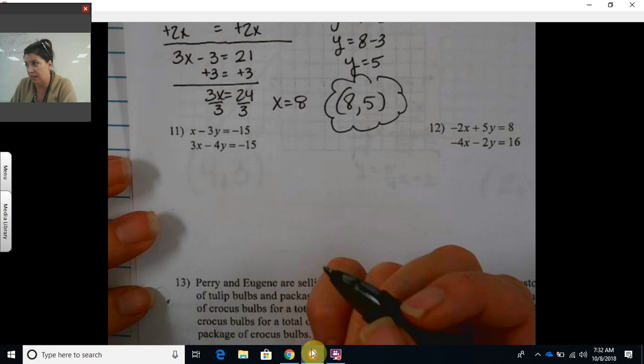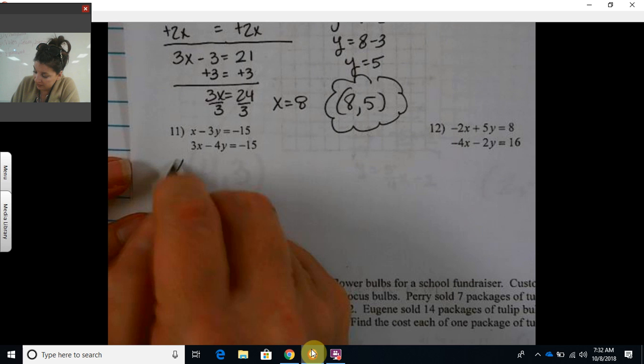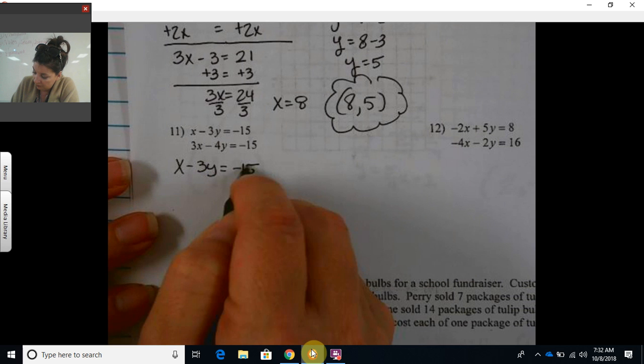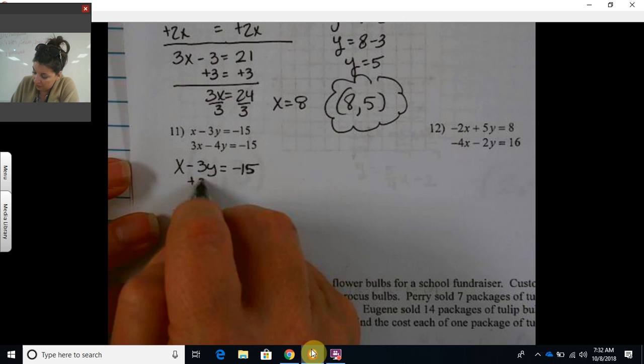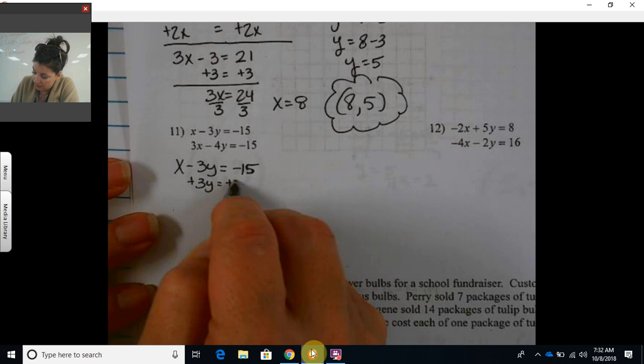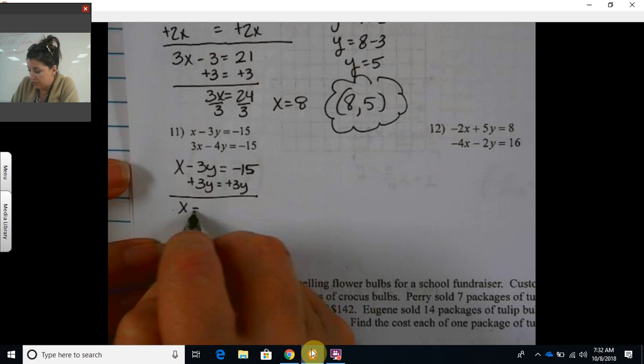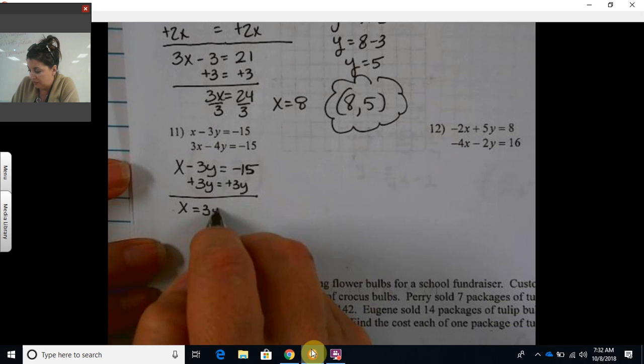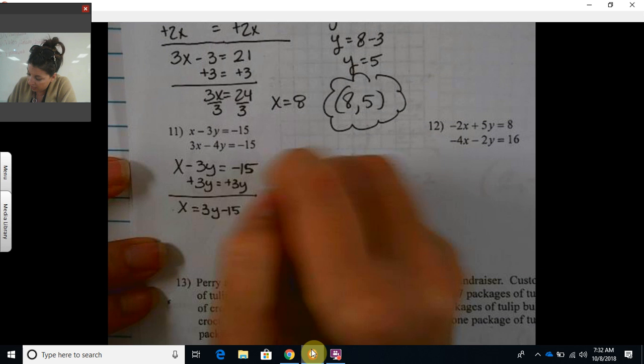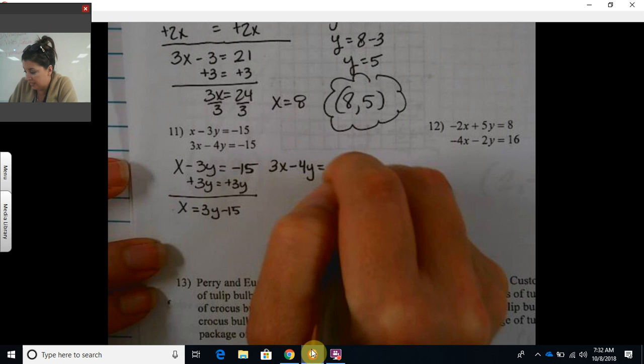So if I isolate my x's, then I would add 3y to both sides. That's x equals 3y minus 15. And in the other equation, I have to isolate the same variable. So I'll isolate my x there.